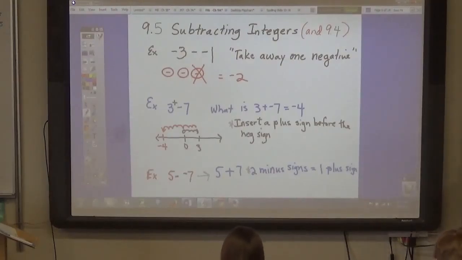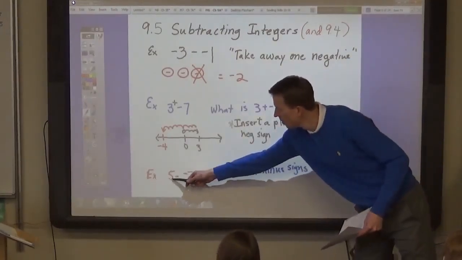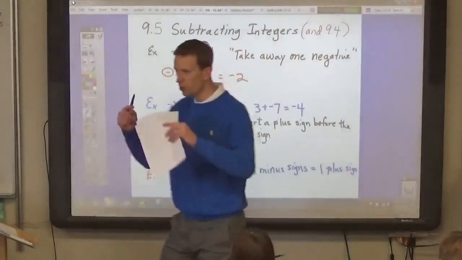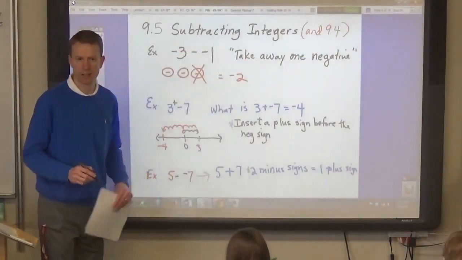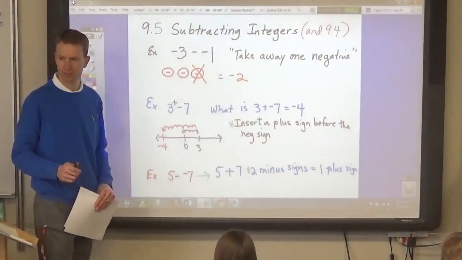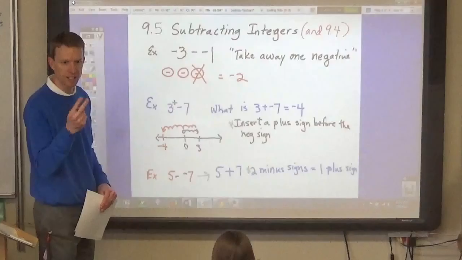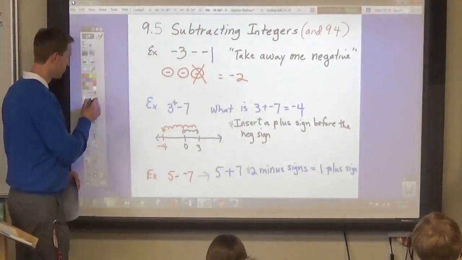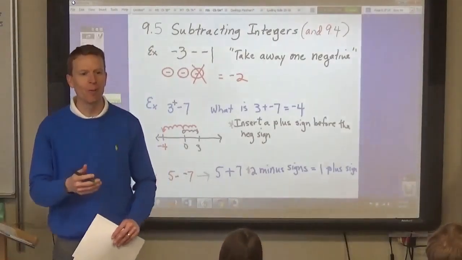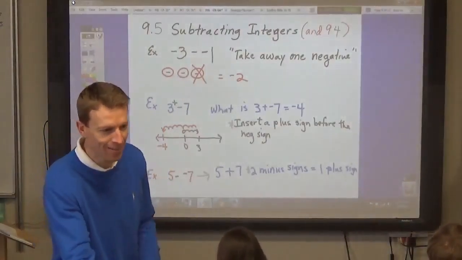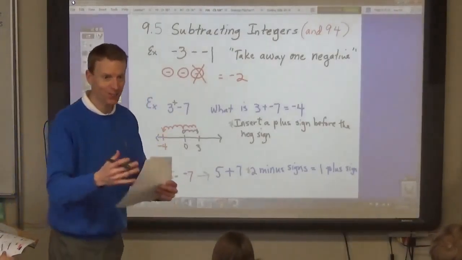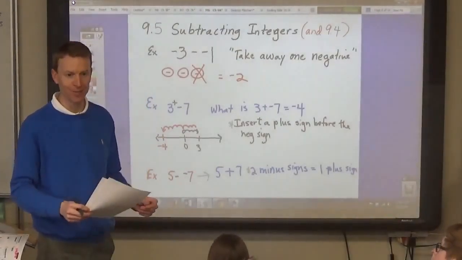Anytime you see 2 minus signs in a row, minus, negative, what can you do with those 2 minus signs? What do you do with the 2 minus signs in a row, Lindsay? I know, but why don't you let him listen to me, because I'm telling him the same thing that you are. I'm trying to teach it to him, and you're trying to teach it to him at the same time.